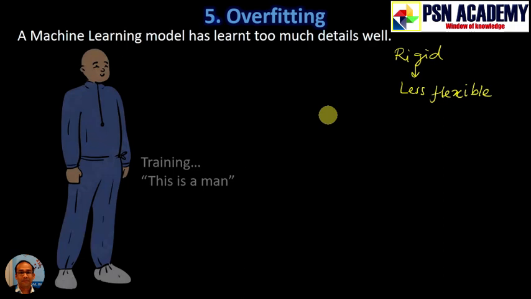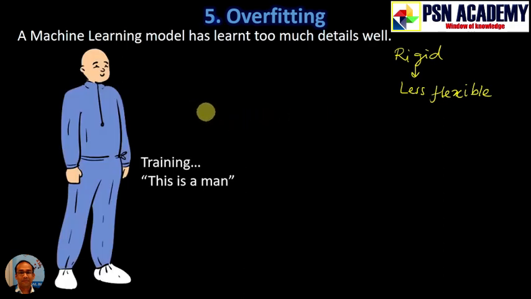For example, see, the training is going on and you say that this is a man. This is supervised learning and you say that this is a man. The learner knows that this is a man. You add the hairstyle like this here, and say that this is a man and keep on giving lots and lots of examples with the same style of hair. You keep on giving the data, so the learner knows that the hairstyle should be like this.